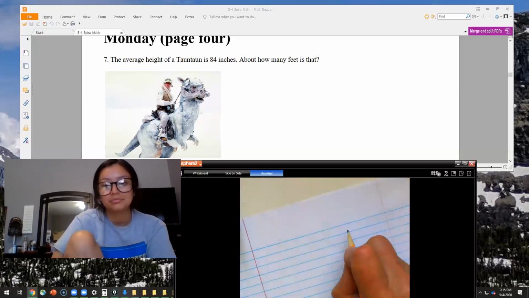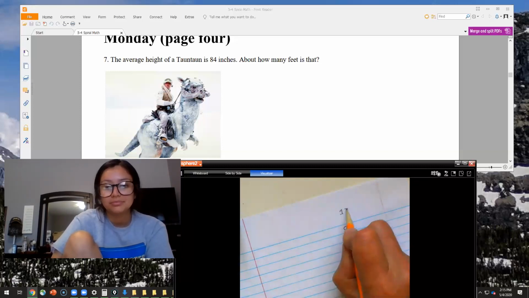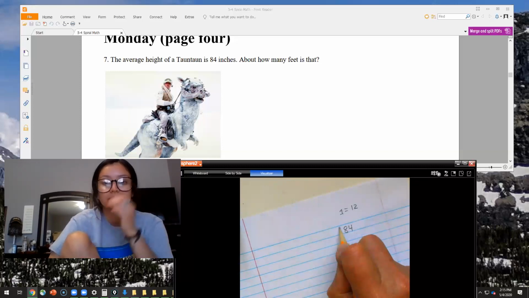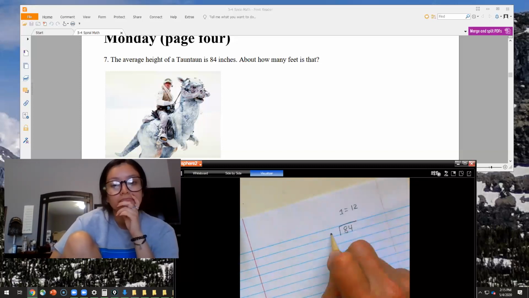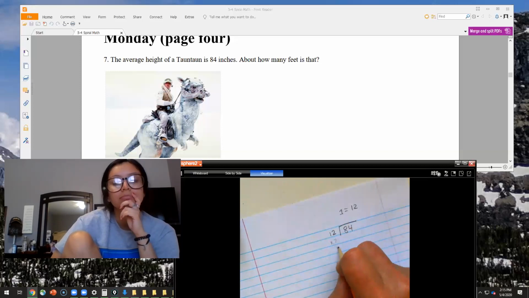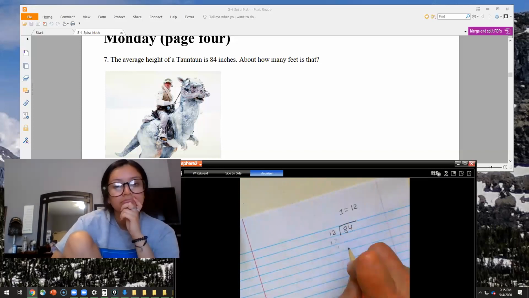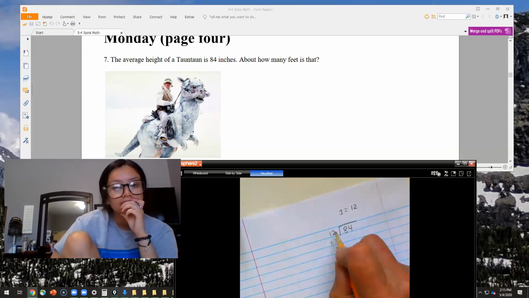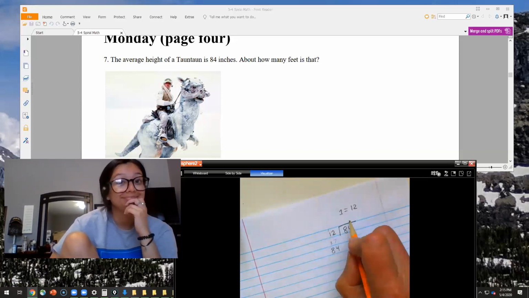All right, so we know that the number of inches that a tauntaun's height is 84. I also know that 1 foot is equal to 12 inches. What I'll do is take 84 and divide it by 12 inches. When I do that, 12 times 7 is 84 exactly.